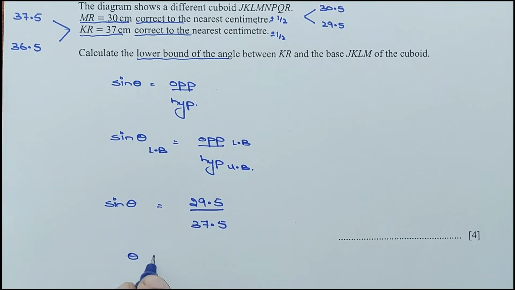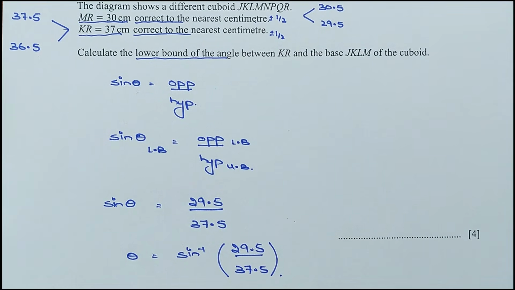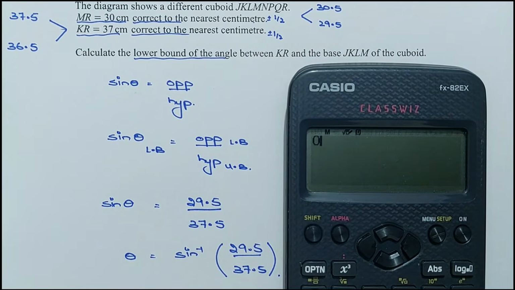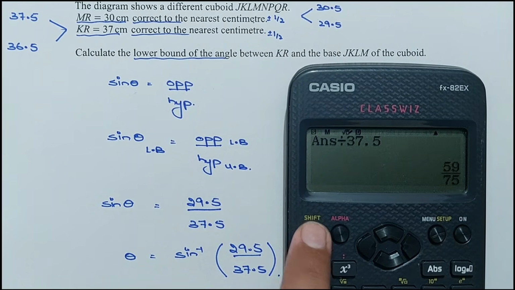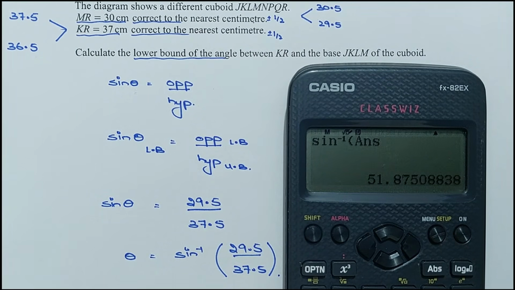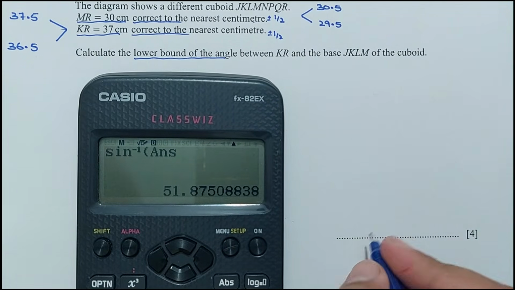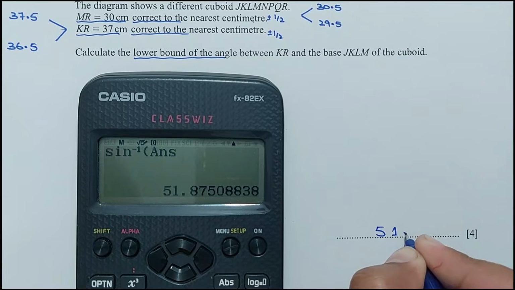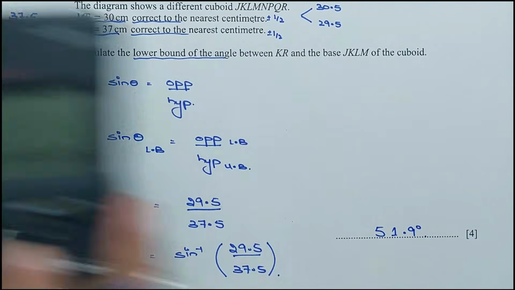So theta equals sine inverse of 29.5 over 37.5. Doing sine inverse of the answer, this should be 51.87, or rounding to 1 decimal place, 51.9 degrees is the angle.